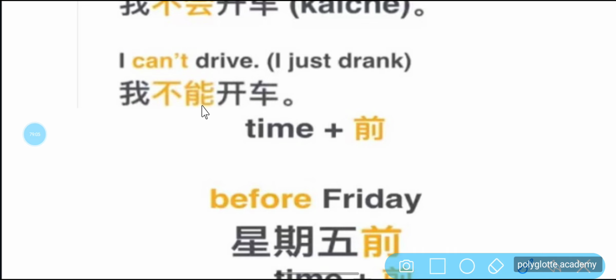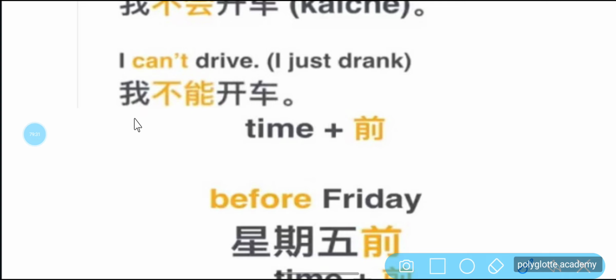Not that I don't know how to drive, but I don't have the permission because of a circumstance. I know how to drive quite alright, but 我不能开车, I don't have the permission. I have not been allowed to enter the car and drive.